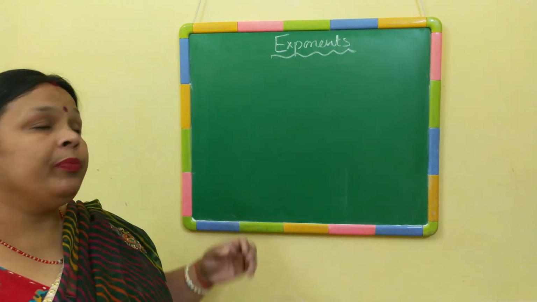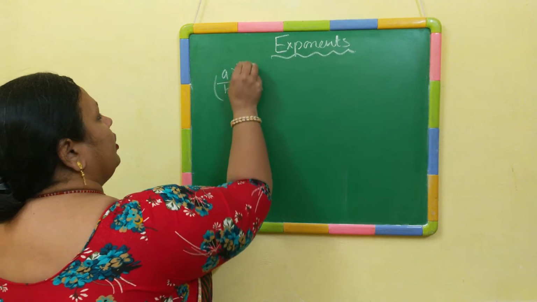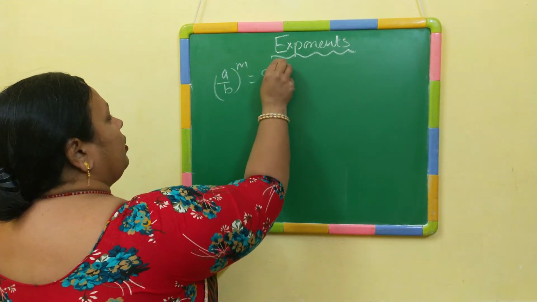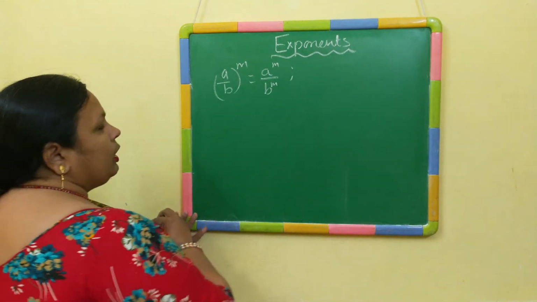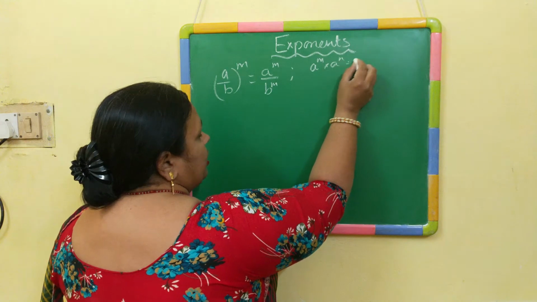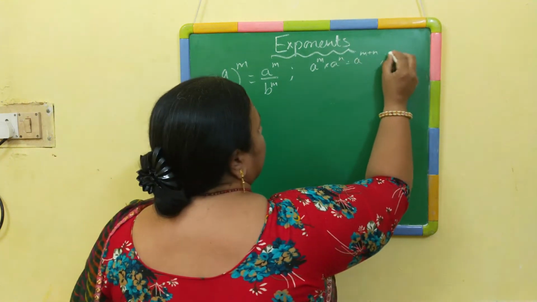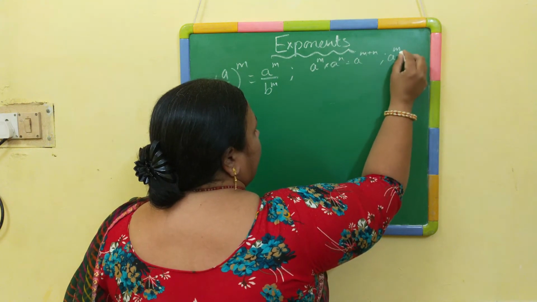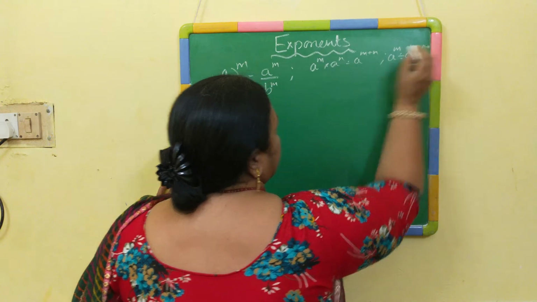The laws were: (a/b) power m equals a power m upon b power m. The second law was a power m into a power n is equal to a power m plus n. Third, a power m divided by a power n is equal to a power m minus n.